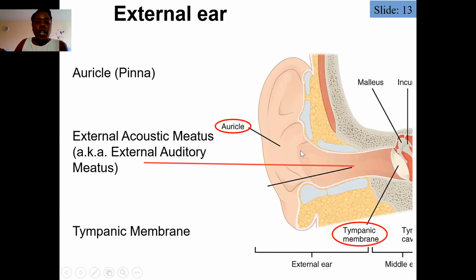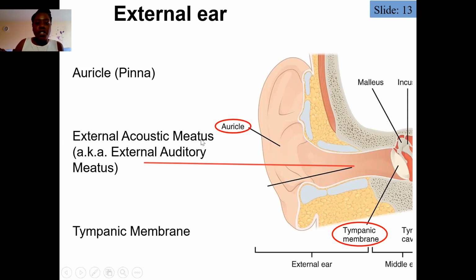So the external ear has the auricle or the pinna, the movable part of the outer ear, and that is what is important for trapping sound waves, right? Trapping the vibrations. So all of the sounds we hear, from music to voices to whispers to really loud sounds, all of that is trapped as simply waves of sound, okay?